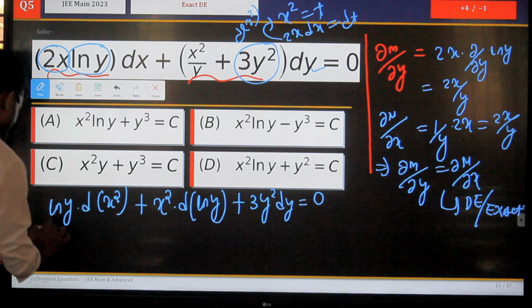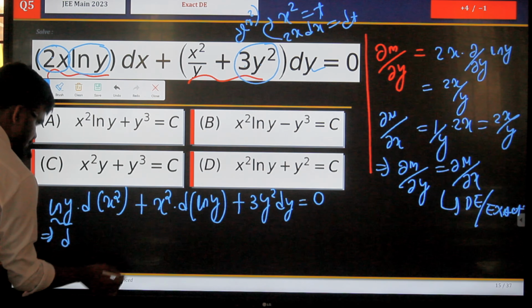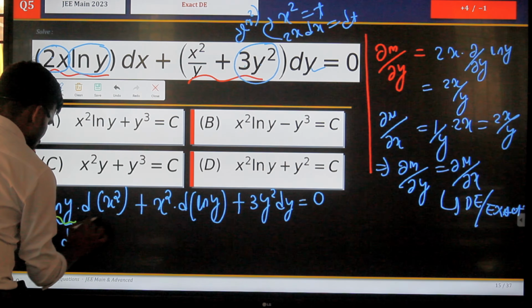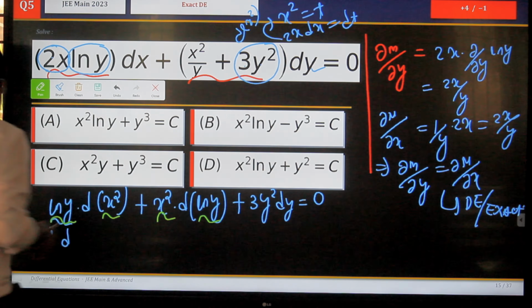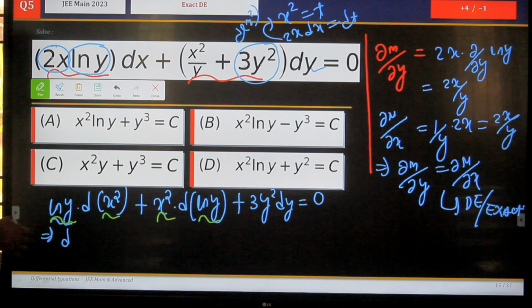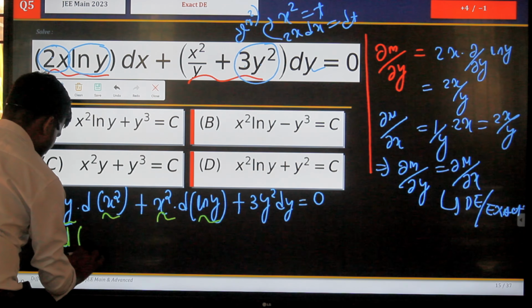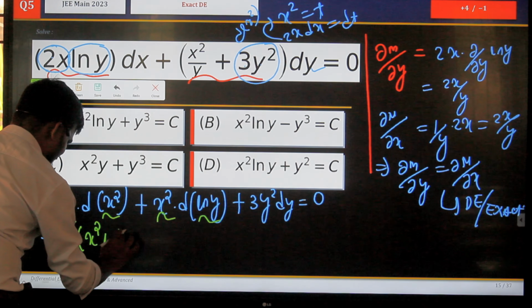Then this expression is nothing but, look, u derivative of v plus v derivative of u becomes derivative of u into v. So this is the derivative of u into v. That means x square ln y.